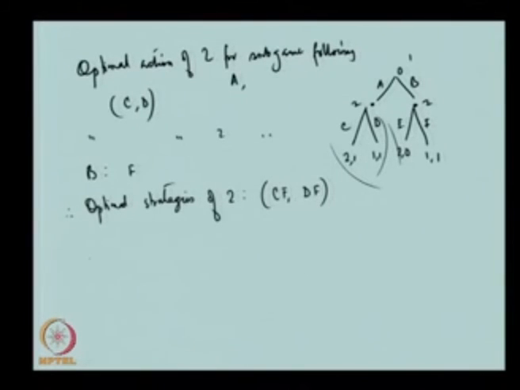Now, we go backward and find out the optimal action or actions of 1 after history phi.